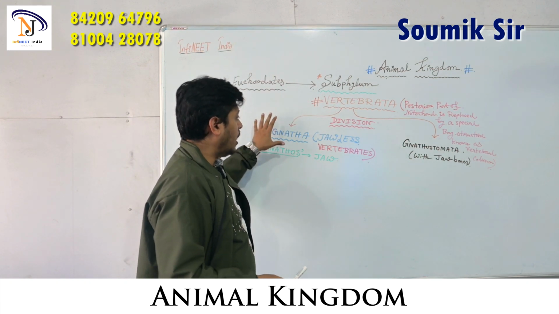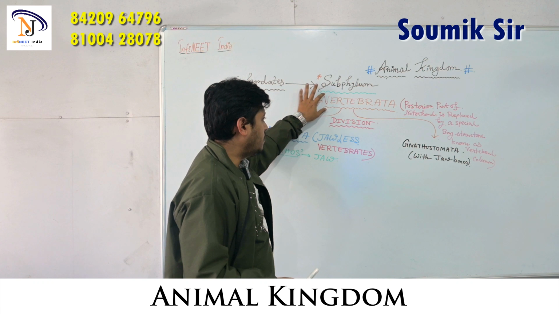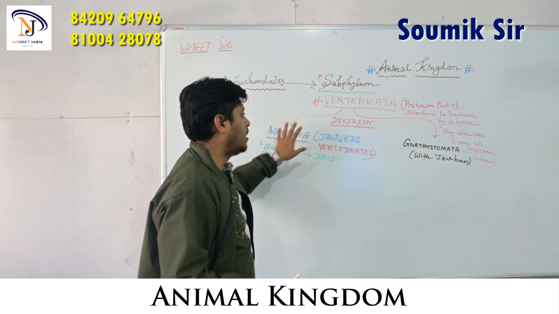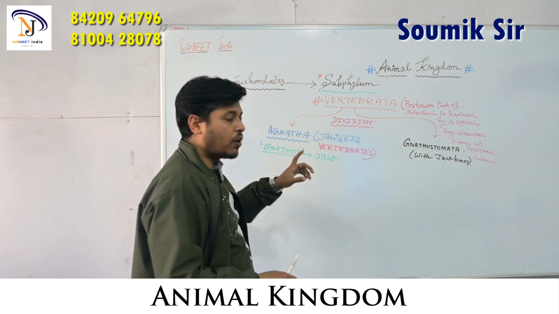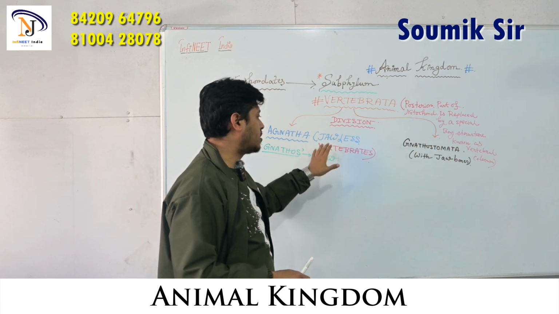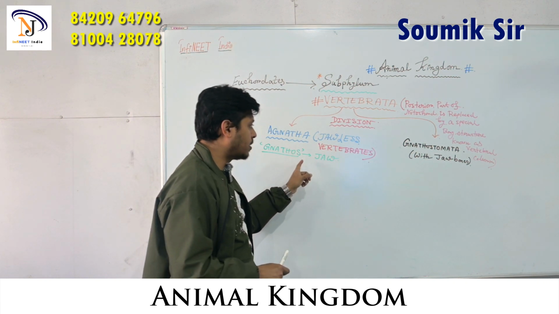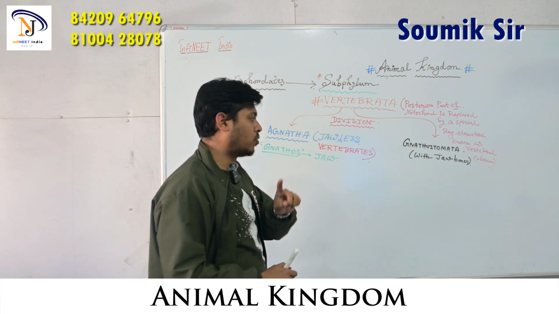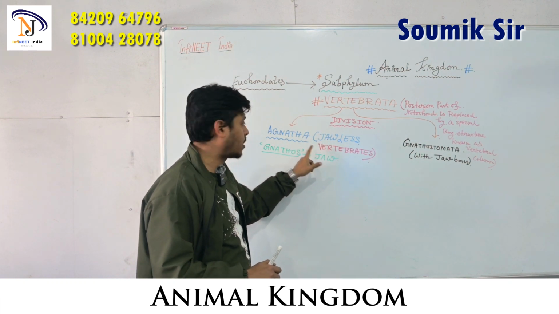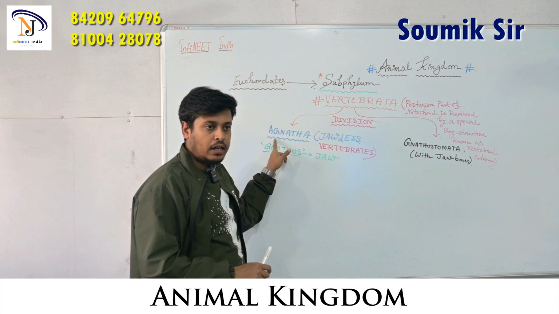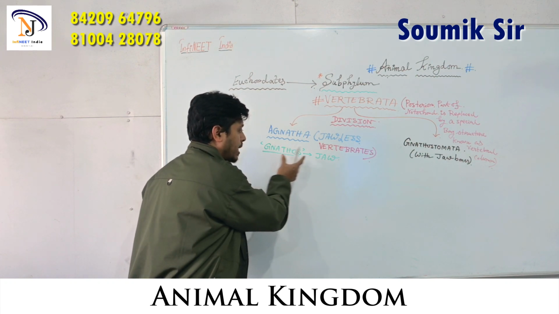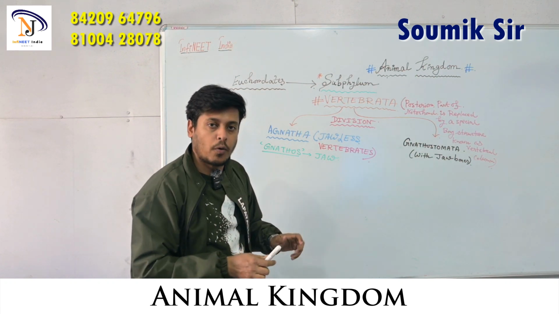Vertebrate animals are divided into two categories according to the presence or absence of jaw bones. First, jawless vertebrates are called agnatha. The term gnathos means jaw or jaw bones.